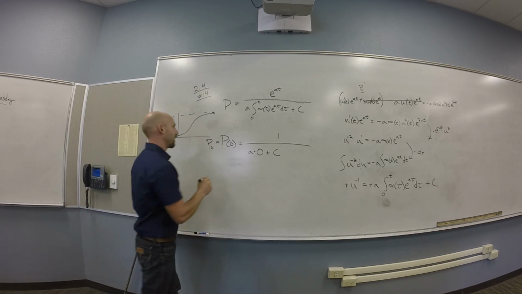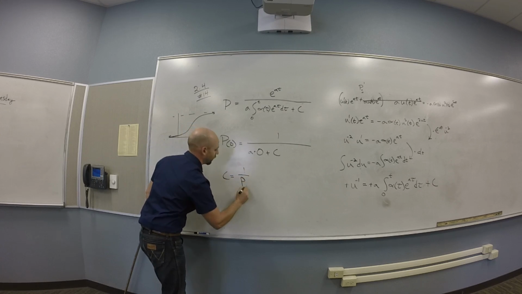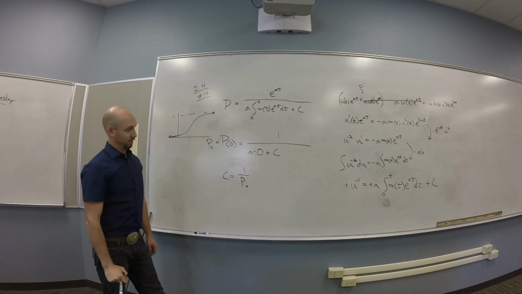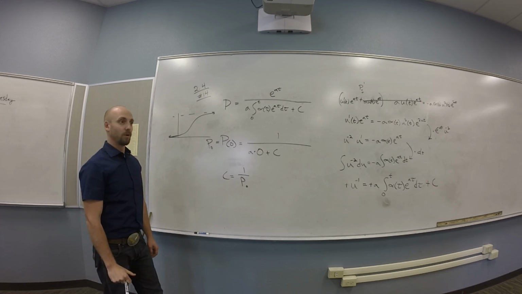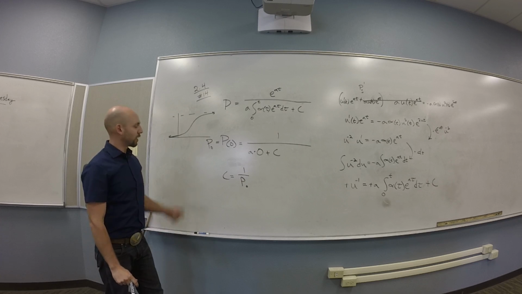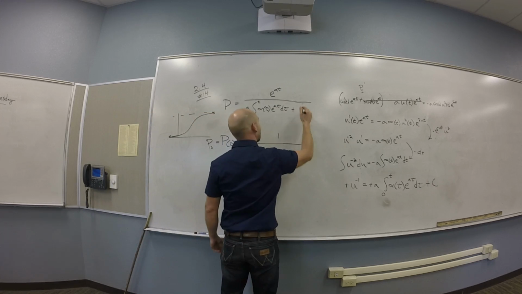Okay, so I think I figured out that constant is 1 over p naught. Cool. All right, so where should I plug the 1 over p naught? In for the c.